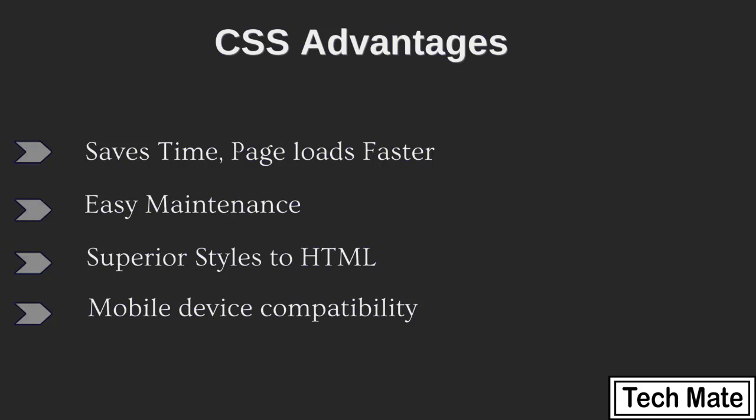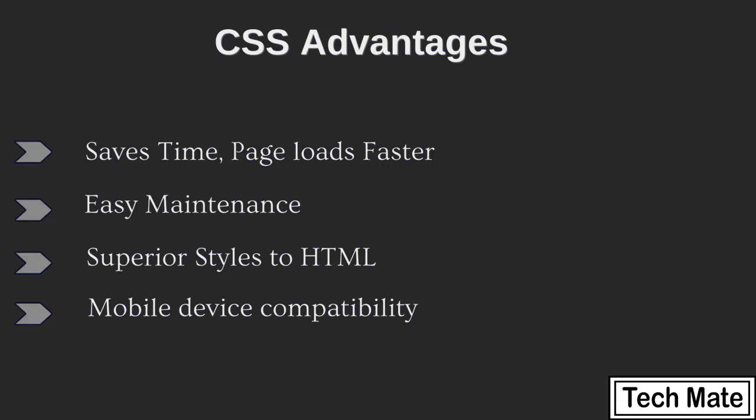For example, the H1 tag or any heading tag doesn't have an attribute which can change the text color. If you want to say H1 color is equal to red, that is not going to work. Using CSS, you can apply attributes on particular tags which basically don't have those attributes.